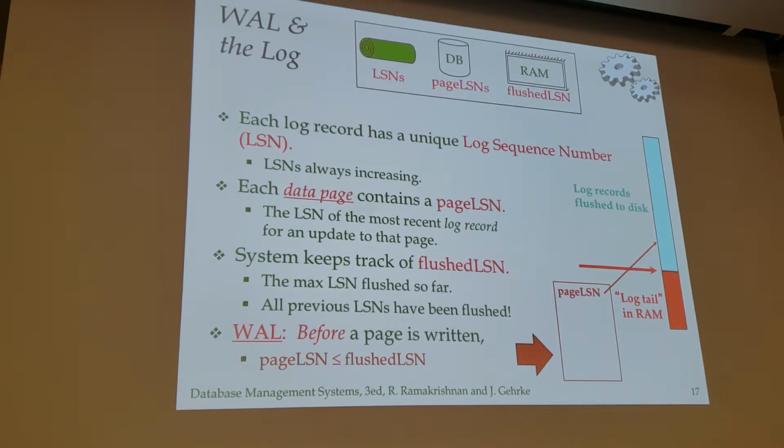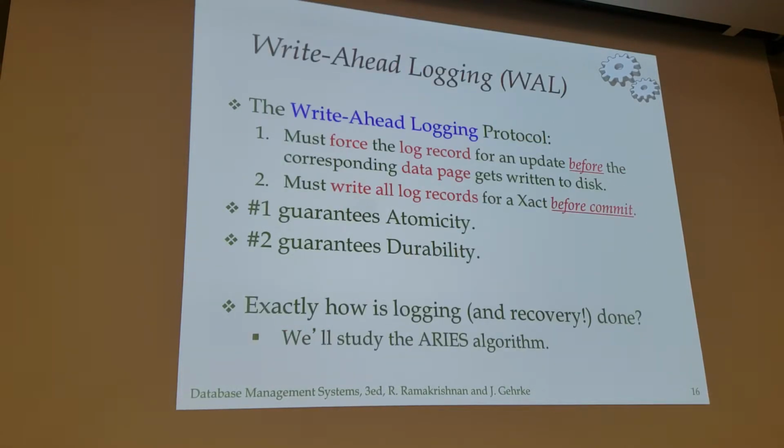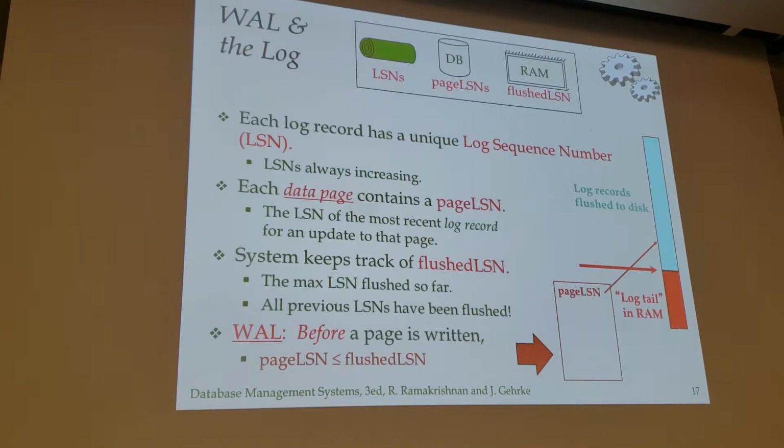Page LSN, the last log record describing a change on that page, must be less than or equal to the last thing that I flushed, meaning I flushed all the log records that correspond to changes to that page. This statement is exactly the same as number 1. But it allows me a really efficient way of keeping track of whether or not it's true.